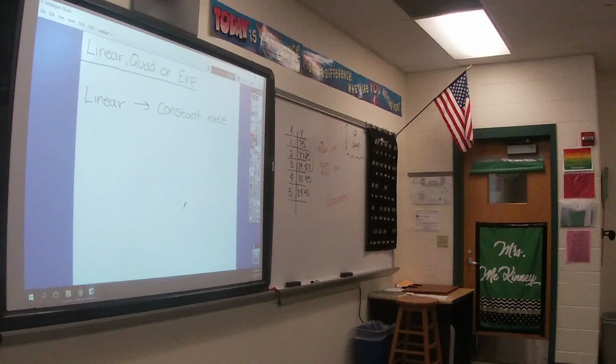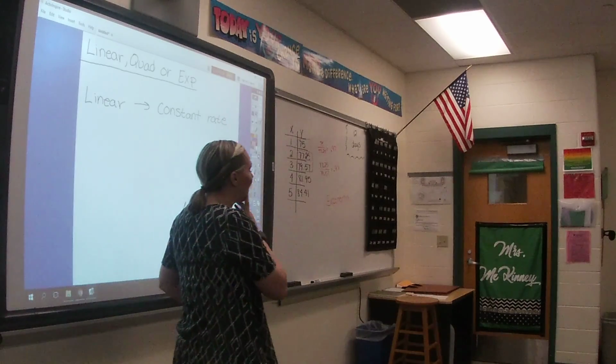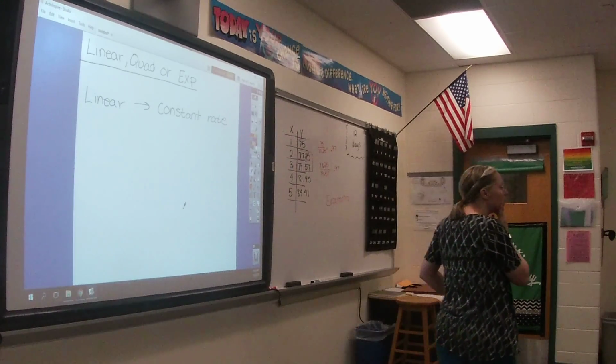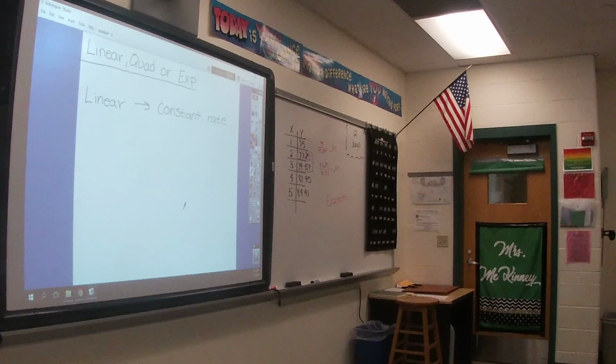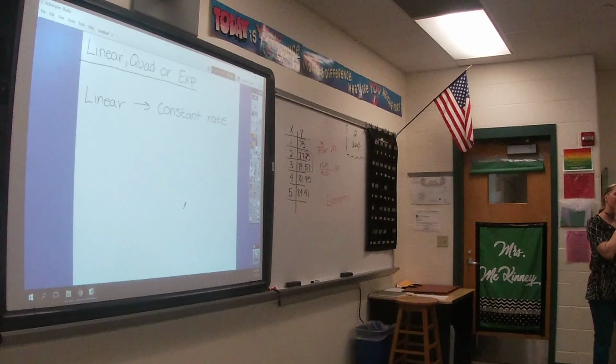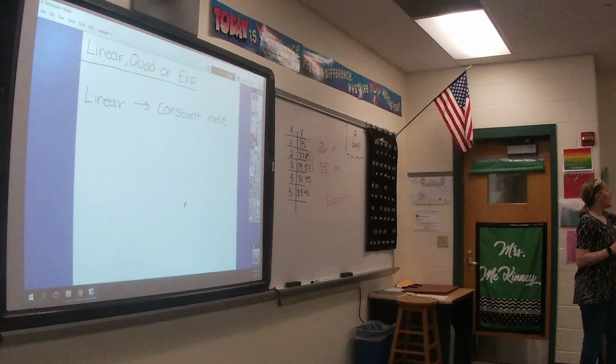Anybody know, mathematically speaking, what math term tells us that there is a constant rate? What does a constant rate look like if we're looking at a graph? Like a straight line. Okay, it's a line.